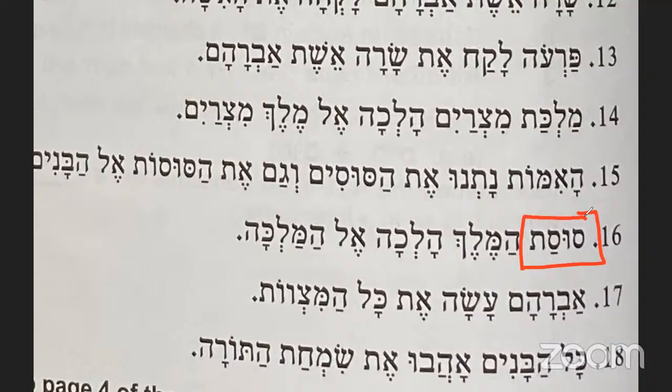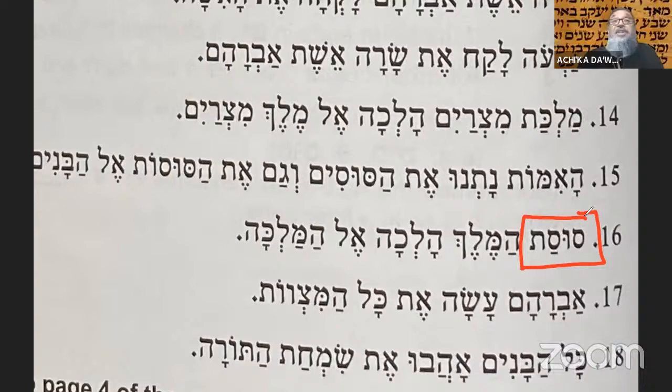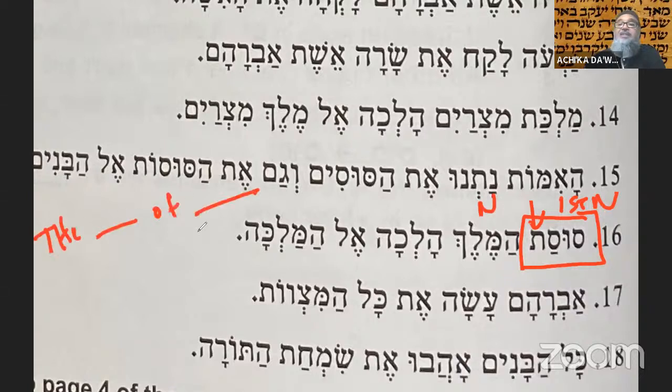A susah. And what's a susah? A female horse. Okay, good job. So we know since it was changed to a tav, this is the first noun next to the second noun. So it's going to be the blank of blank.